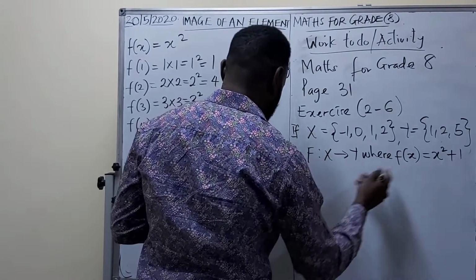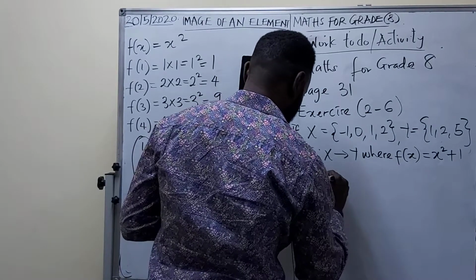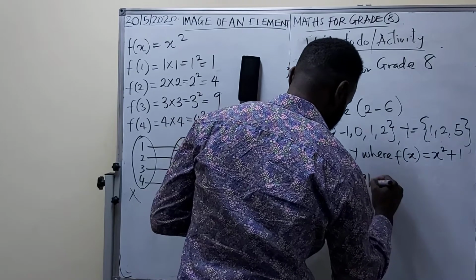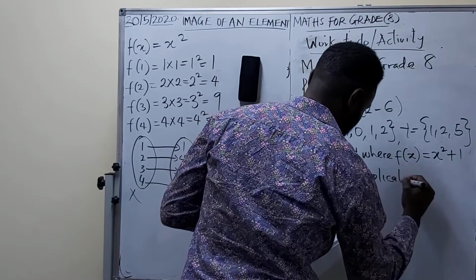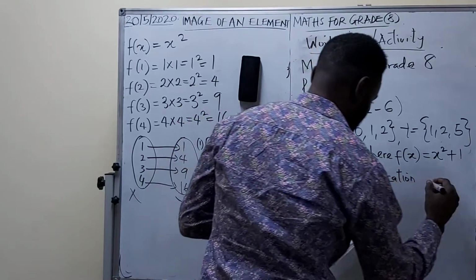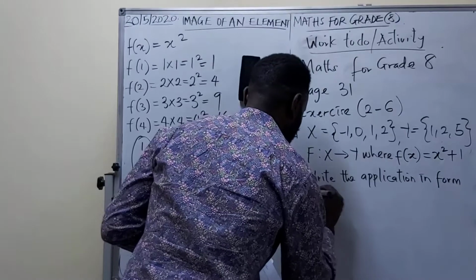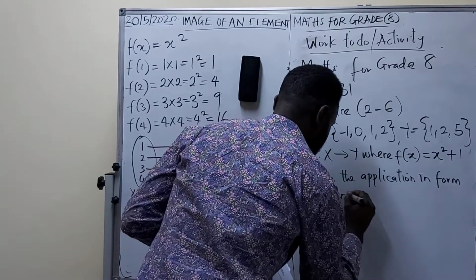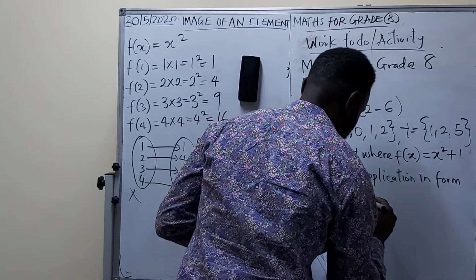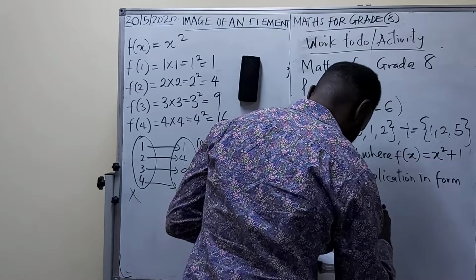This is the formula of the rule that guides it. It says write the application in form of ordered pairs. Remember, I taught you that in the very first class we had during this very online teaching, ordered pair.